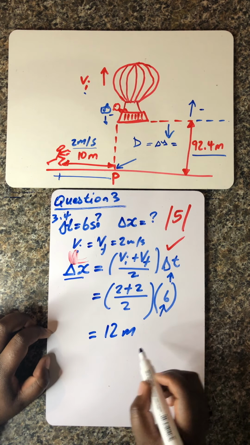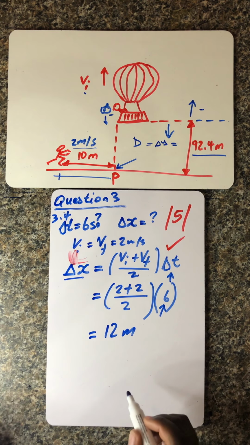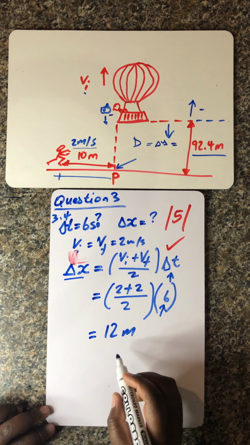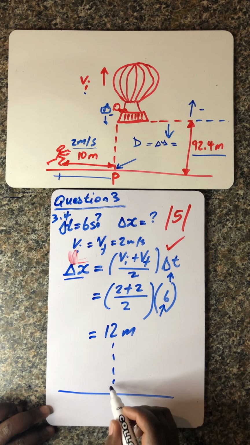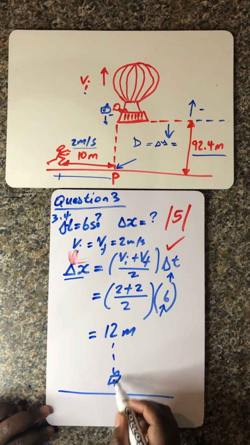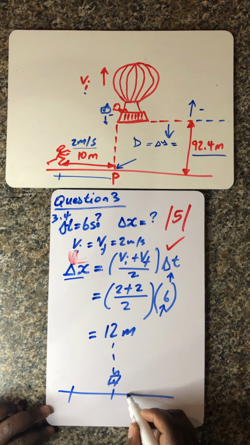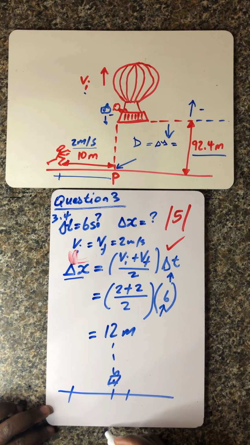Then it's 12 meters. Okay, so it means after 6 seconds, as that object is moving down, he would have traveled 10 meters plus an extra 2 meters.